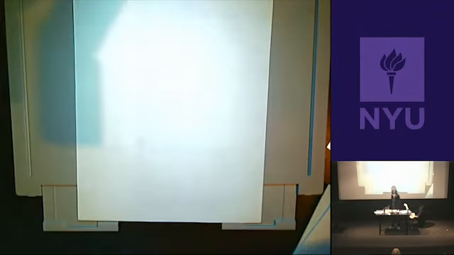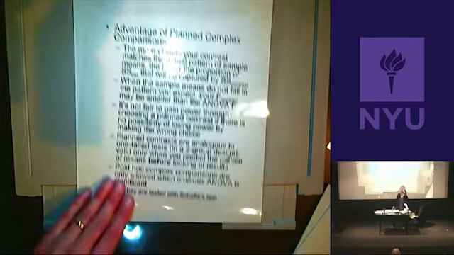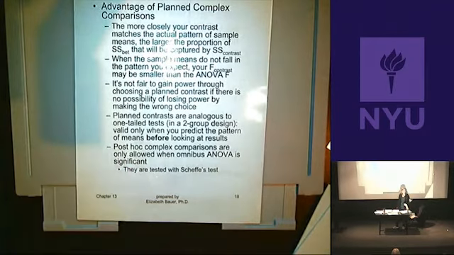So we're going to talk about this for a couple minutes. If I've thought about it before, that's called a planned complex comparison. It's planned. Before I looked at the data, I planned on it.